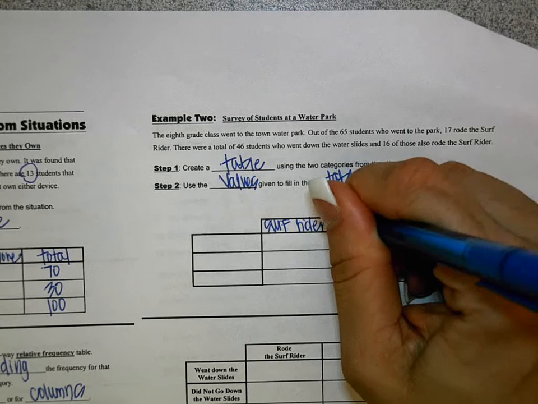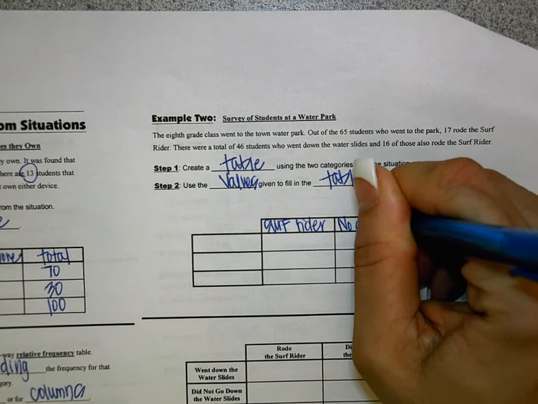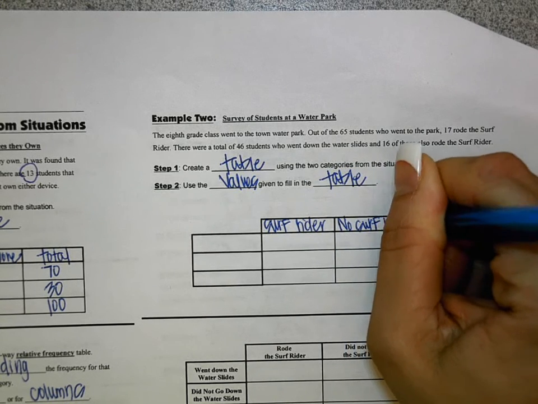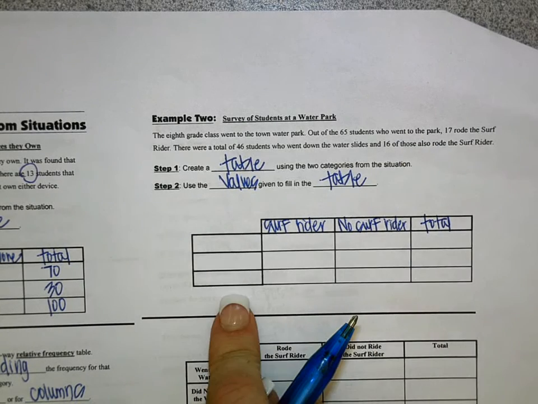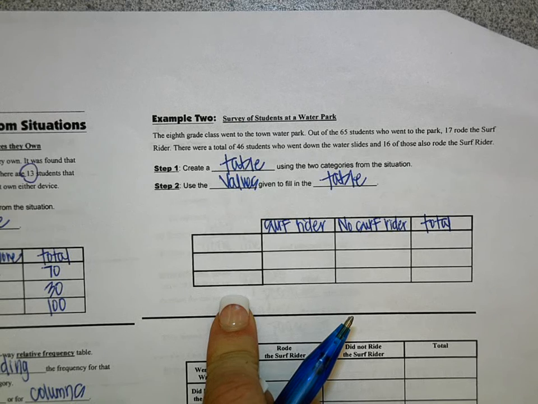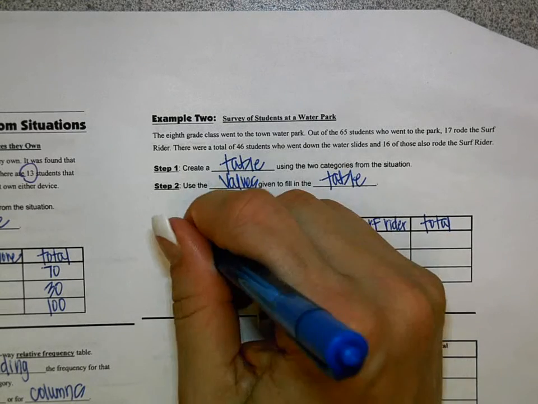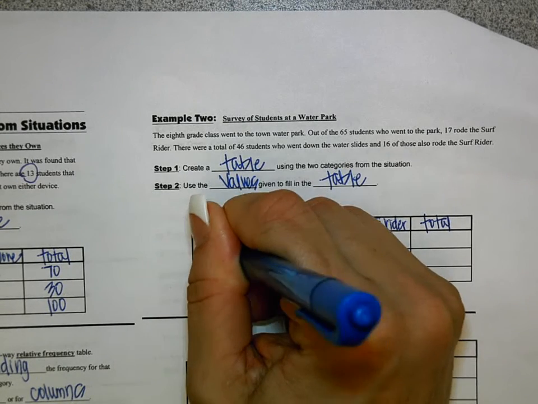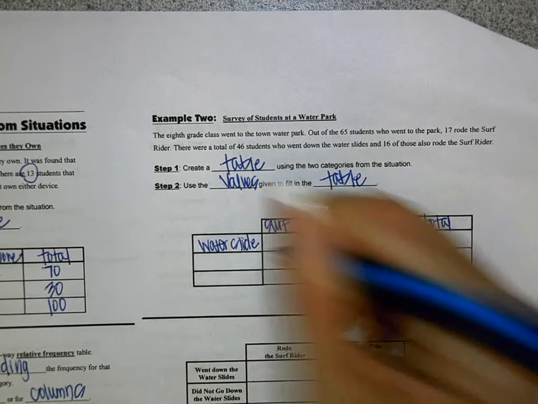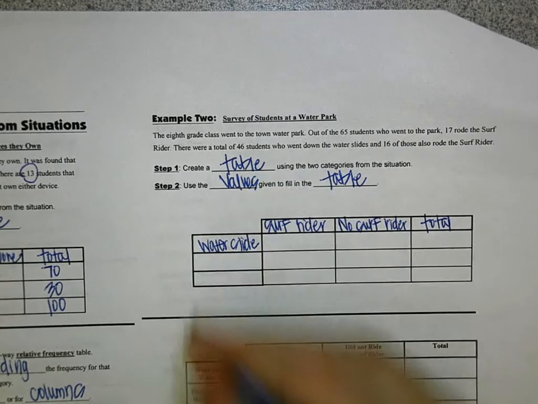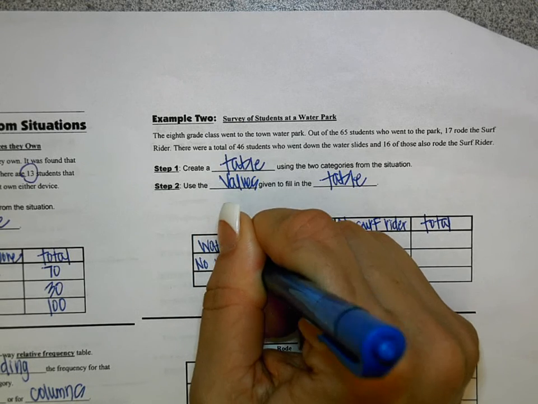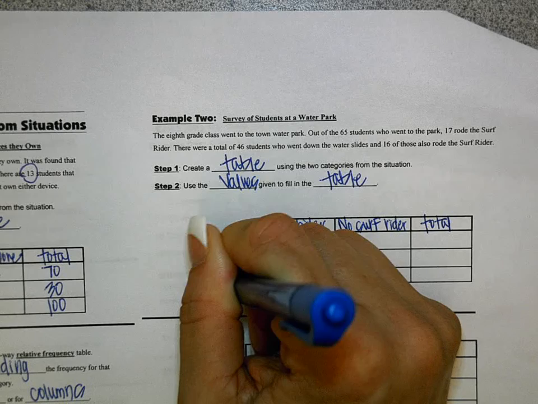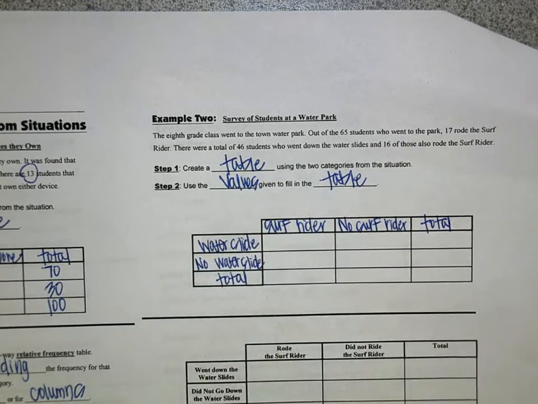No Surf Rider. Okay, stop. This is your total. Okay, what's the other thing that they're talking about? Water slides. And the second one? No water slide. And your total.